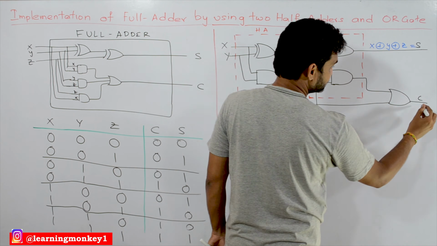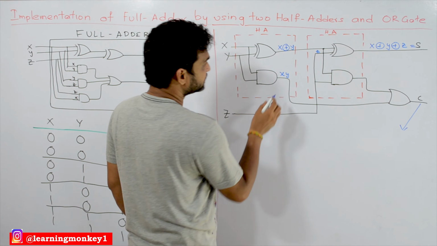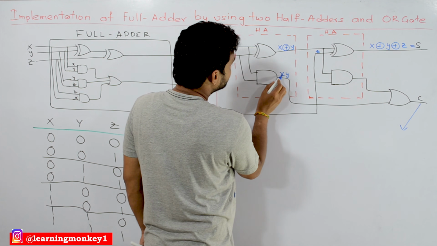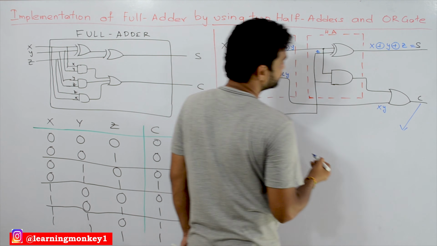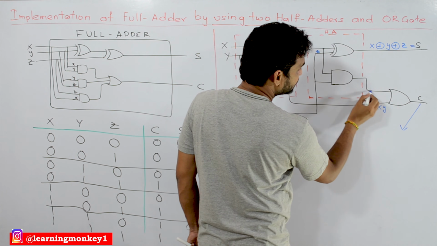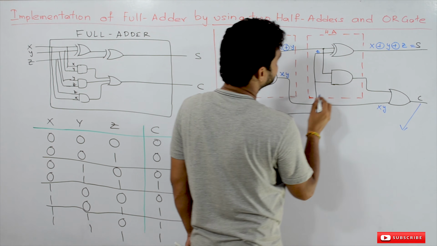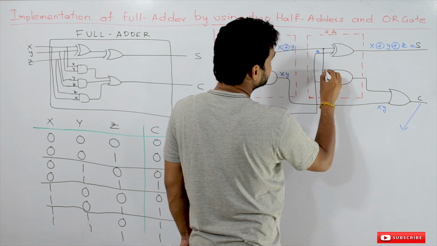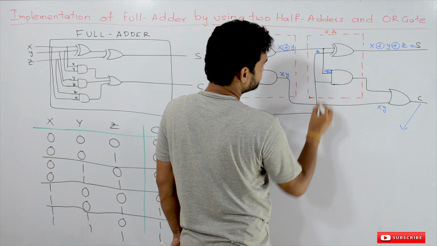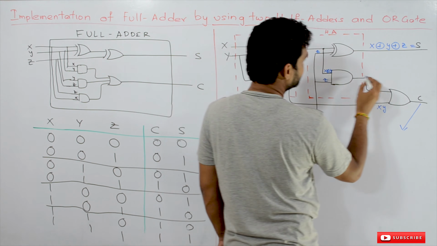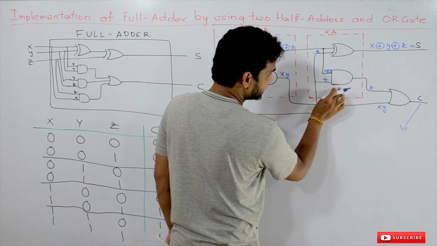What happens with this C? What we are going to obtain as the carry is as follows. Here we have XY, and this XY is the input here. The input of this AND gate is X XOR Y and Z, so the output is Z dot X XOR Y, because it is an AND gate.